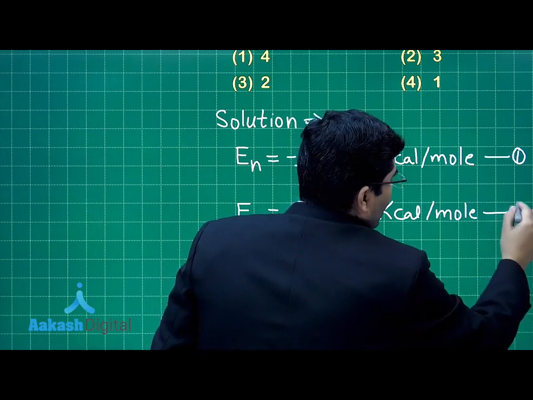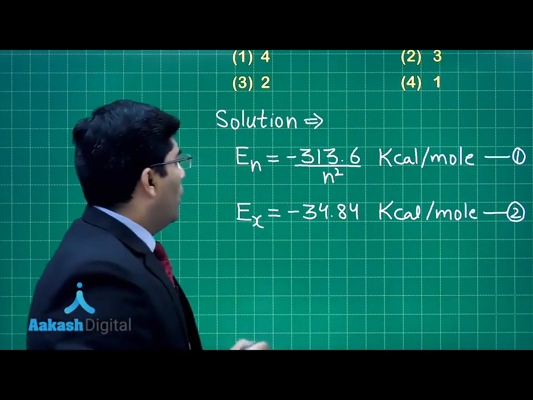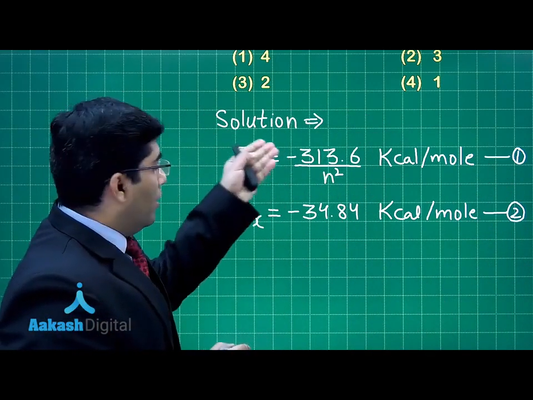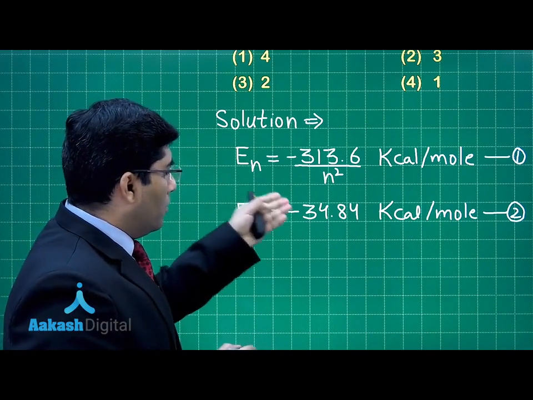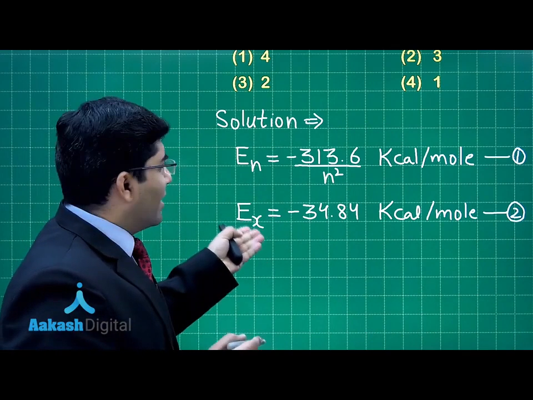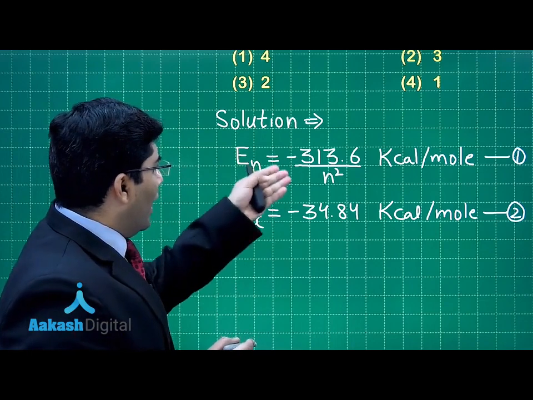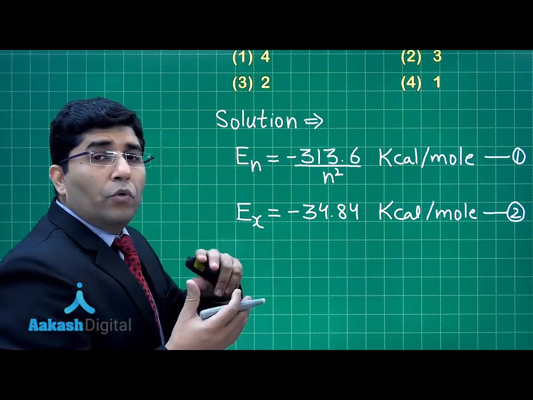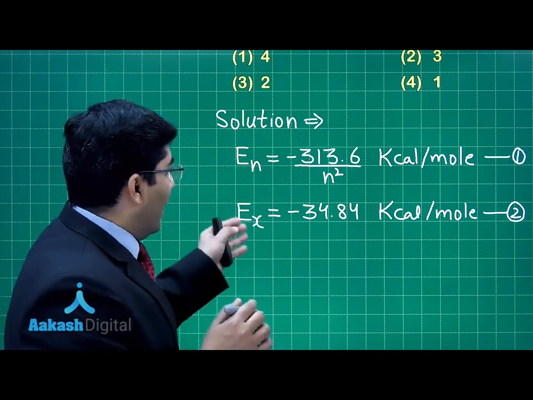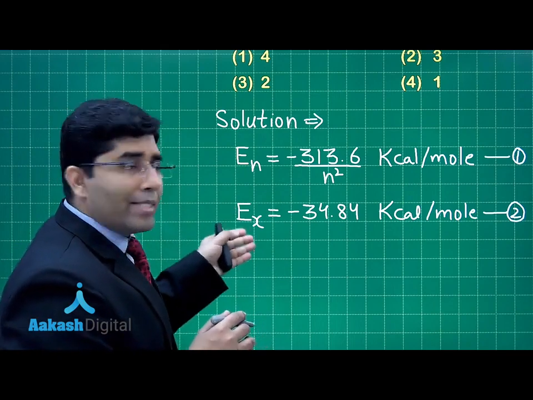Now this is our second equation. So this is a general equation, the energy of some shell. We have assumed X. Actually we have to find out n, and I don't want you to get confused between X and n. That's why I have taken it X.